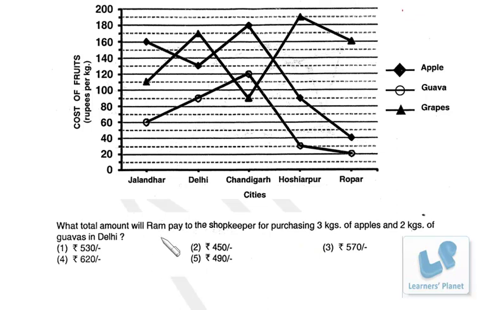What total amount will Ram pay to shopkeeper for purchasing 3 kilograms of apples and 2 kilograms of guavas in Delhi? So in Delhi, 3 kilograms of apples. So Delhi, apple is square.